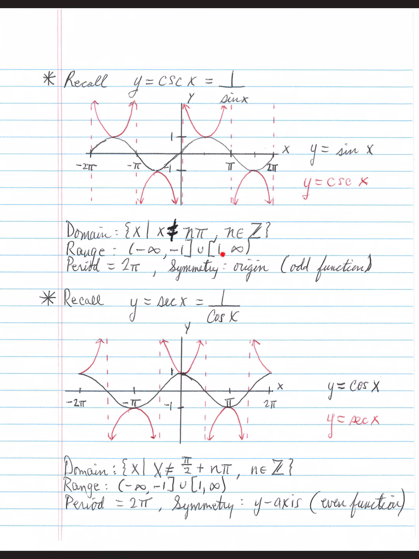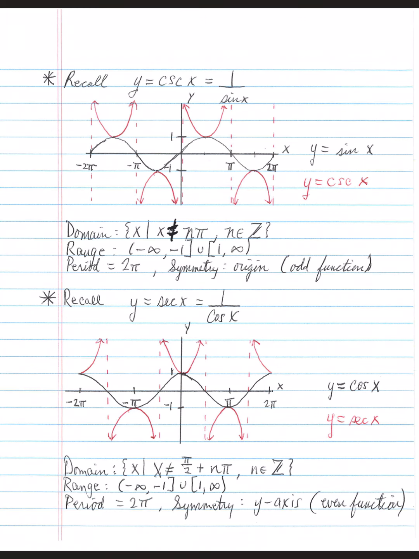That range looks broken because it is. There's actually no graph of cosecant between -1 and +1. That graph exists at -1 or lower, and that's for these parts, or +1 and higher, and that's for these parts.